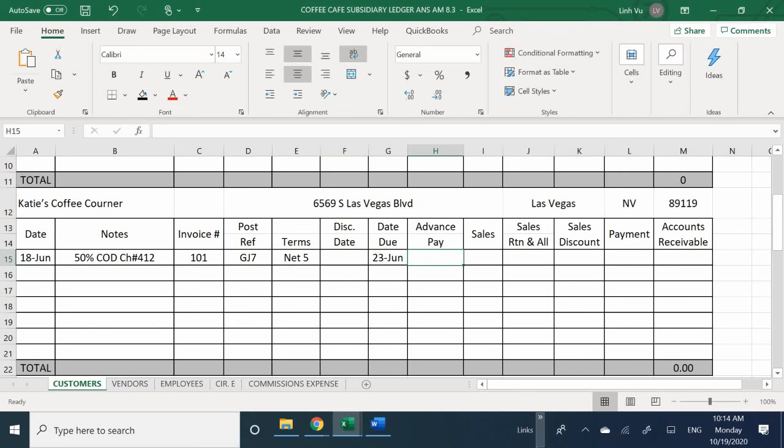All right. Was there an advance payment? I would say 109.52. That's what I was going to say. Okay, advance payment. Did they give us the money before we delivered the stuff to them?